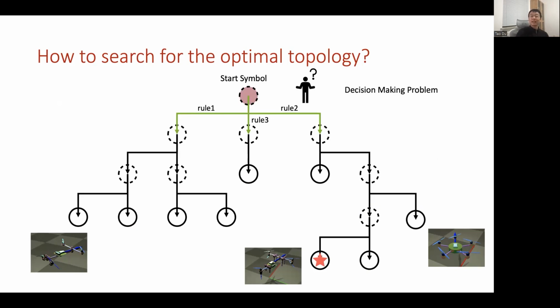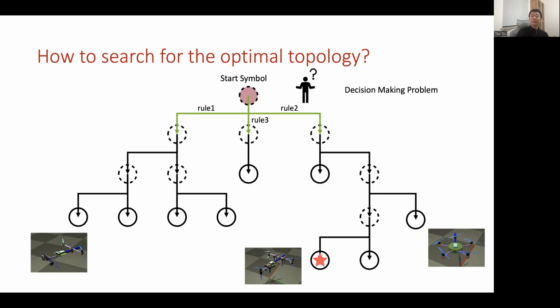So imagine if I were an oracle, and I were able to enumerate all the possible rules starting from the start symbol, I should be able to obtain this gigantic tree structure where they have the shared root, and every end node or every leaf implies a complete design. And the path from the start symbol to the leaf will encode one sequence of the commands or the rules we would execute in order to obtain a complete design.